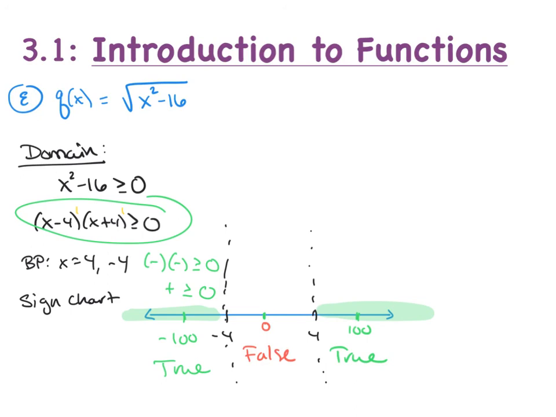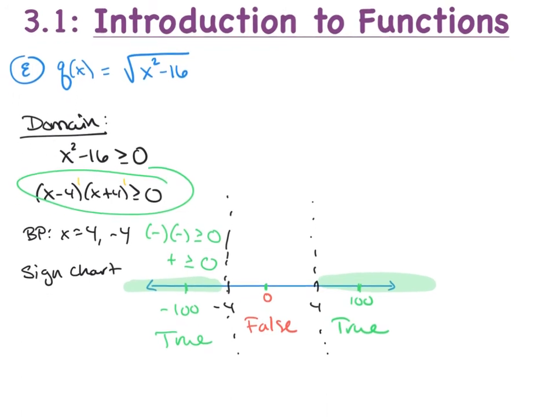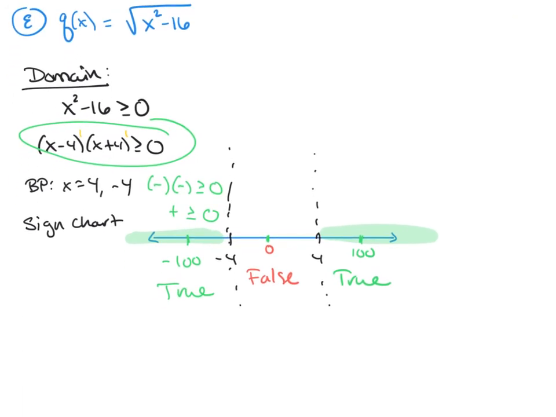Means we would have for our answer, let me scooch this up just a little bit, negative infinity to negative 4. Ooh, would like a bracket because of the equal sign at negative 4. Union positive 4 to infinity with a bracket at positive 4 for the same reason.